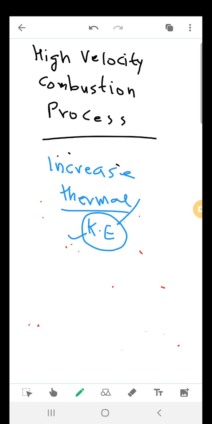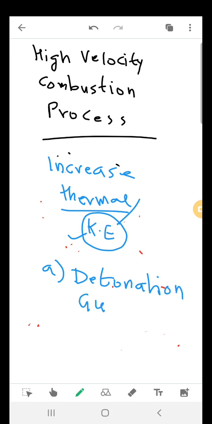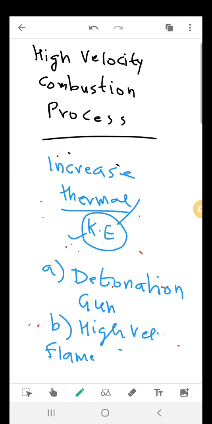There are different ways by which we can increase the velocity. One of the high velocity combustion processes is called the detonation gun, and another is known as high velocity flame spray.